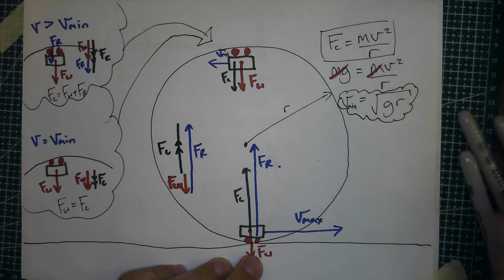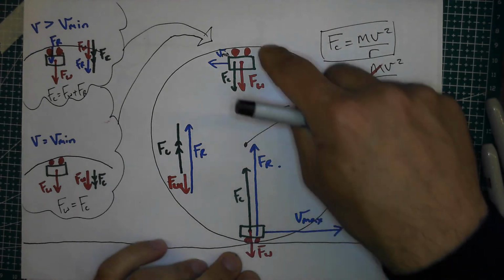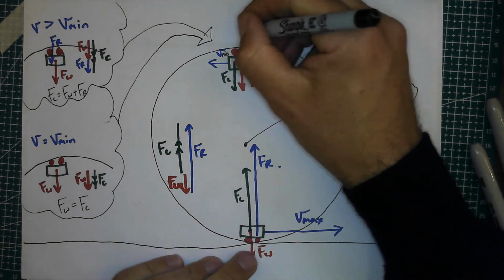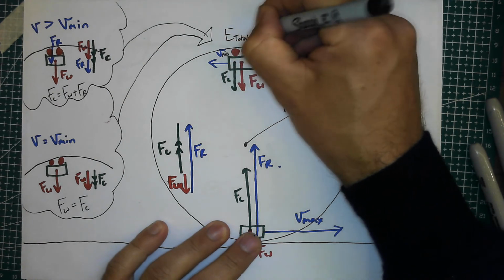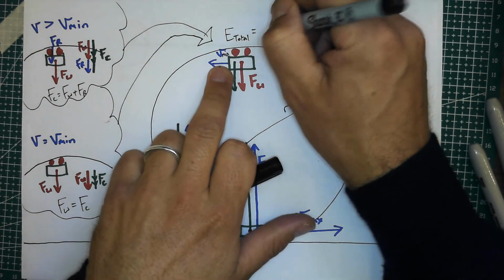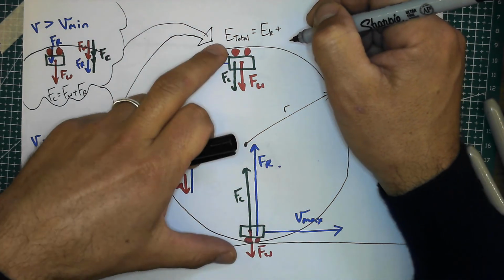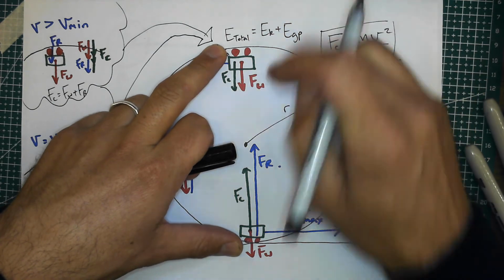Okay, so what do we use to work out this maximum velocity? Well, this now becomes an energy problem. So up here, the car has some sort of total energy, and that is equal to the kinetic energy of the car, because it's moving, plus the gravitational potential energy of the car, because it's at a certain height.